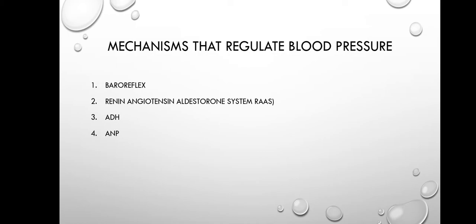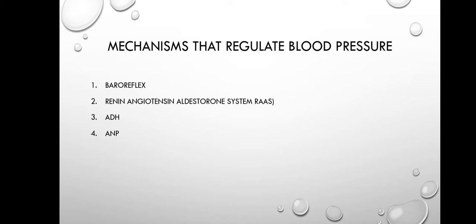When there's an increase or decrease in pressure, they will send impulses into the medulla through the tractus solitarius, where a feedback will be sent on how to respond to maintain blood pressure.